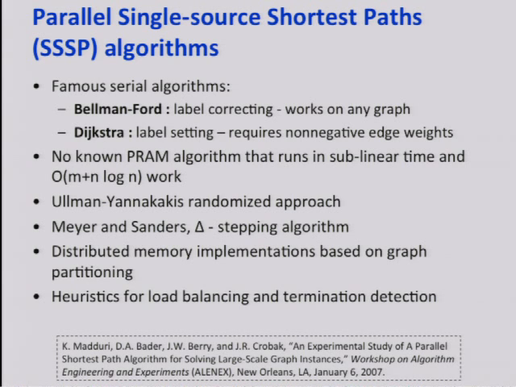And the Bellman-Ford one is a label correcting algorithm. And this word, if you hear it again, all it means is once the algorithm passes through its vertices, it can still come back and correct these distances. As opposed to that, Dijkstra is a greedy algorithm. Once it's done with those vertices, it's finished. It will never come back to those vertices.